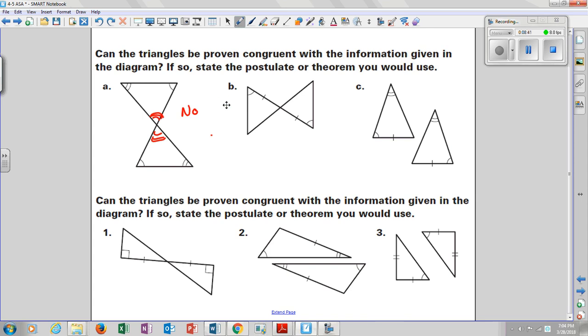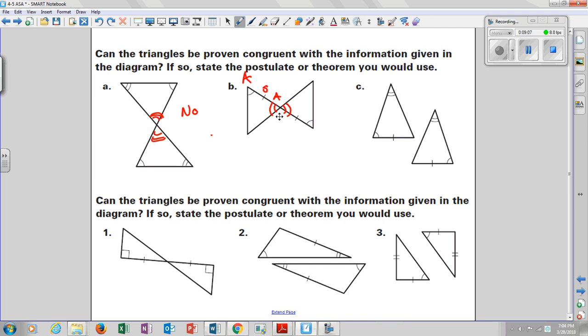Look at B. We have an angle and a side of this triangle and an angle and a side of this triangle. Now in the middle, those are vertical angles, which says that those are congruent. Now you have angle, an included side, and another angle.